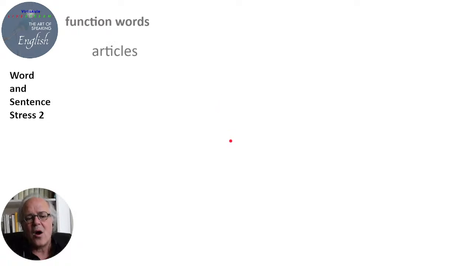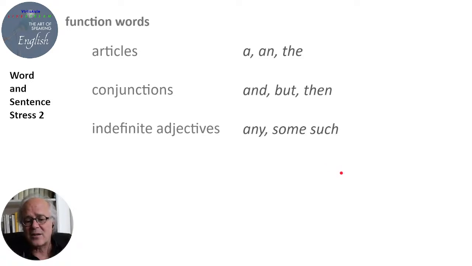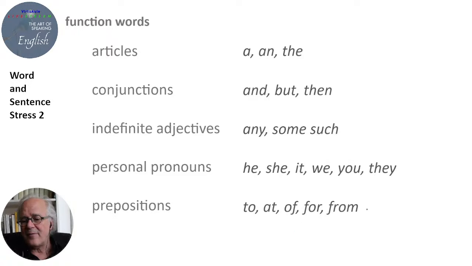We have articles such as a and the, conjunctions and, but, then, indefinite adjectives, any, such, some, personal pronouns, he, she, it, we, you, they, and prepositions such as to, at, of, for, and from. And these consist of the list of function words.